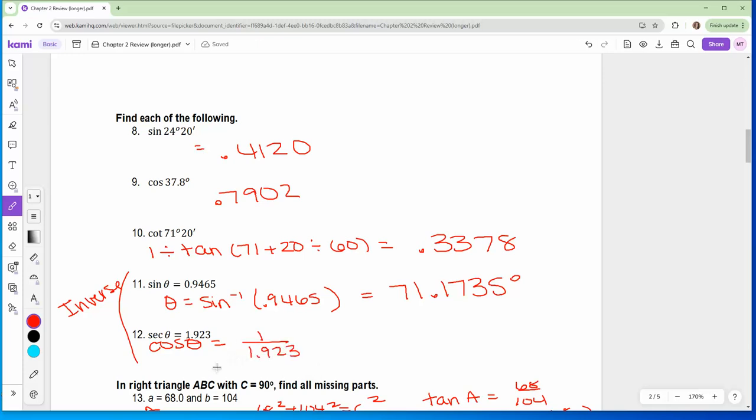You have to do that before you do the inverse, because otherwise it just gives you an error on your calculator. Then to find your angle, you do cosine inverse of 1 over 1.923. And that gives us 58.6664. So inverses if you're looking for an angle.